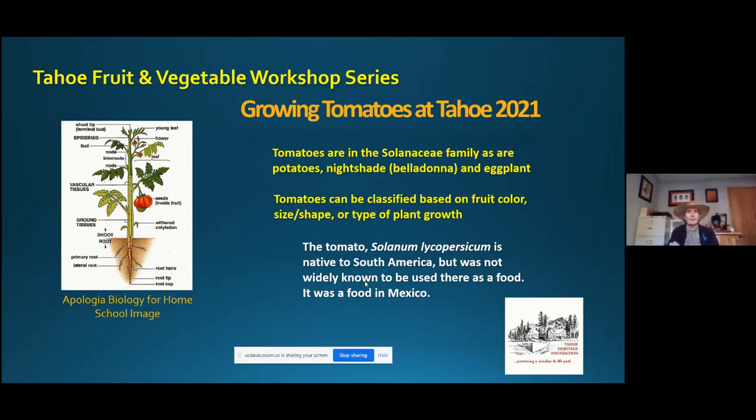The tomato plant is native to South America, the foothills of the Andes. It was not grown as a food very much in that area. It's not found in Central America until you get into the Mexican region, where the Aztecs used it extensively in their culinary preparations.